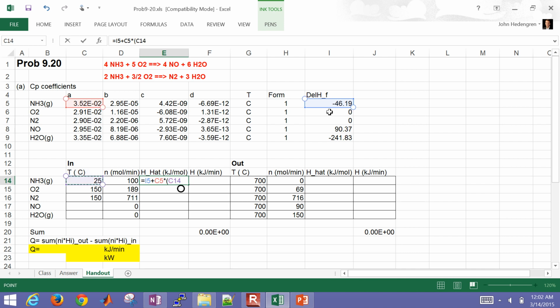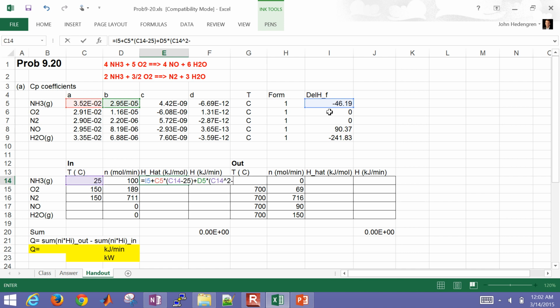Here's my new temperature, C14 minus 25. Those are actually equal to each other, so there's no change there. Then plus, and then I'm going to put my B term in there. And then I've integrated this so that that t term is going to be t squared. So there I have my C14.